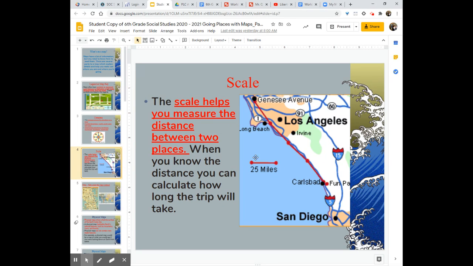Here we have our scale listed as the red line between the 2 points is 25 miles. So here you can break it down: 1, 2, 3, 4 lengths: 25, 50, 75, 100 miles. Scale helps you know how to calculate distance.